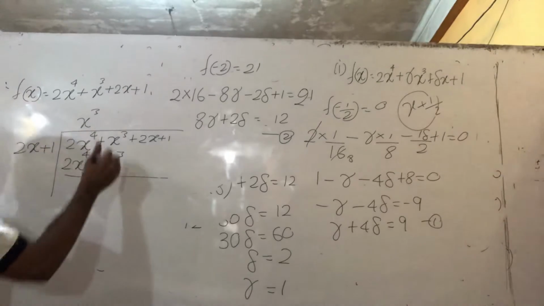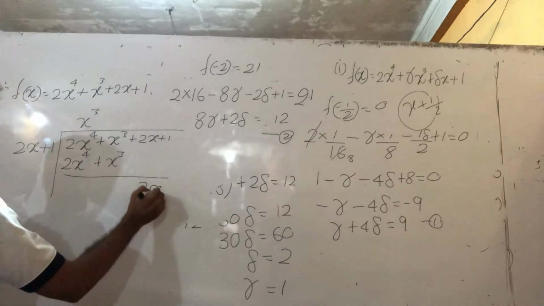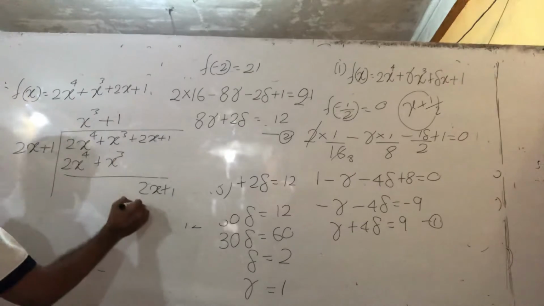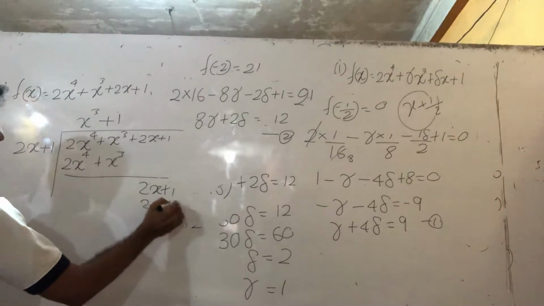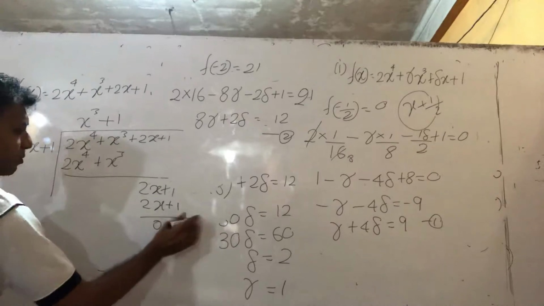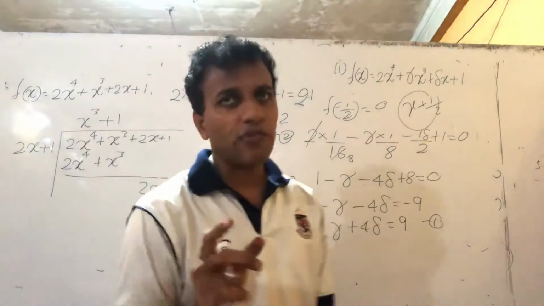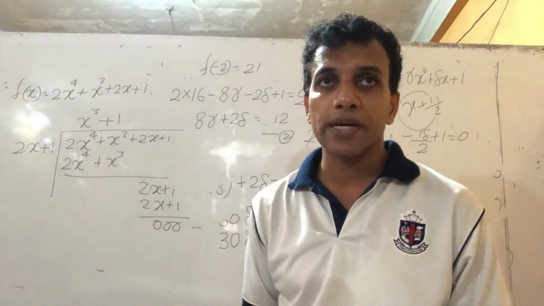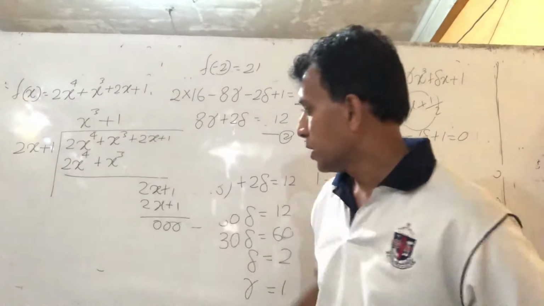Subtract, cancel, take the 2x plus 1, okay? Next write 1 times 2x plus 1. Perfectly divisible. That's called a factor. If you know one factor, you can divide by that factor. No remainder, only the quotient part.